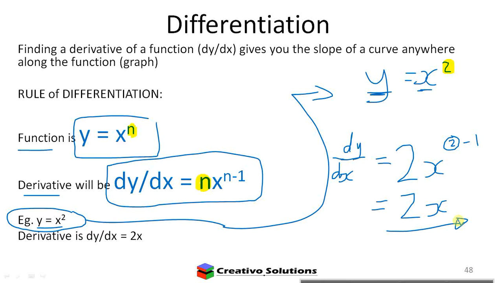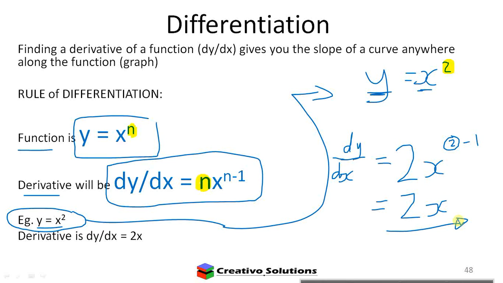And then equals... so now you say dy over dx equals 2x to the power 2 minus 1, and the answer is 2x. So what is the derivative? 2x. That's the derivative, dy over dx equals 2x. That's the final answer.